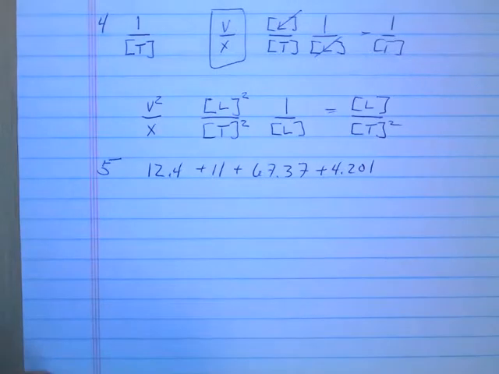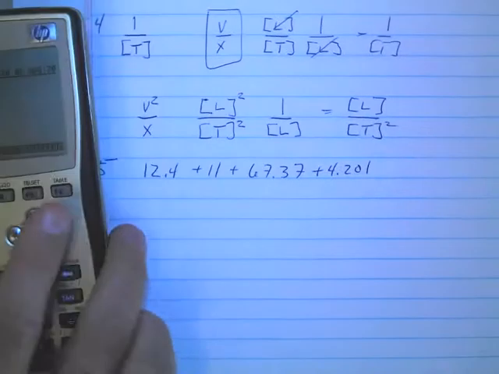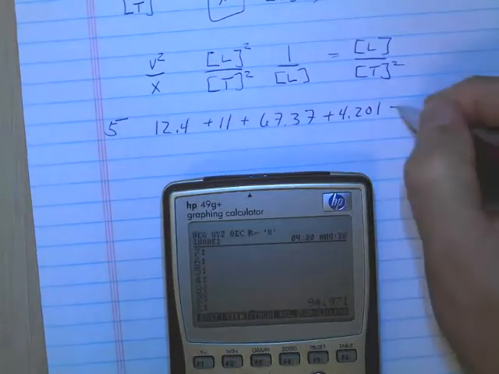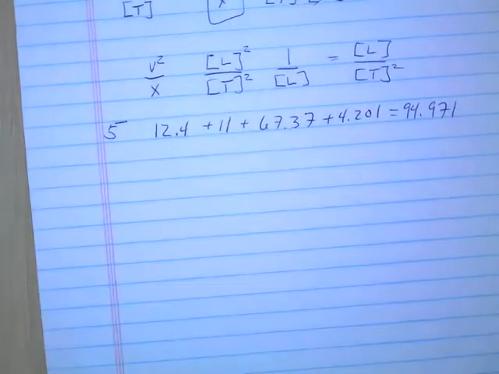Well, let's see. We can plug this into our calculator. Just add that up. Let's see. 12.4 plus 11 plus 67.37 plus 4.201, and we end up with 94.971.